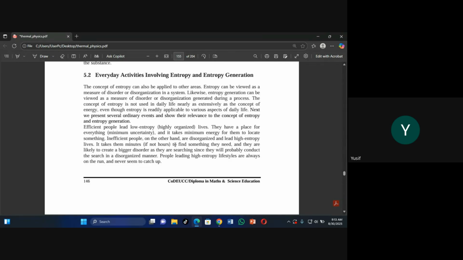The concept of entropy can also be applied to other areas. Thus, entropy can be viewed as a measure of disorder or disorganization of a system. So as we said, entropy has to do with molecule movement, either random movement or defined movements. But when you're talking about entropy, it is most often used to define the randomness of the movement of these molecules in a system, or how they are ordered or disordered.